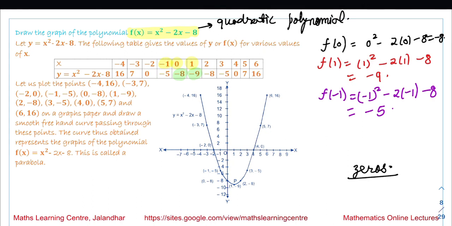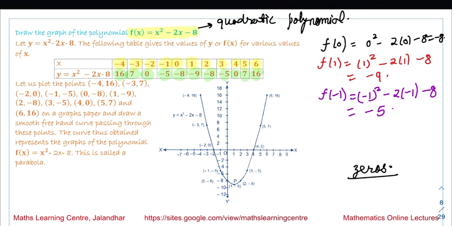So for x is equal to minus 1, the answer is minus 5. Similarly, if we calculate the values for x is equal to 2, 3, 4, 5, 6 and minus 2, minus 3, minus 4, we obtain the values of y corresponding to these values of x.